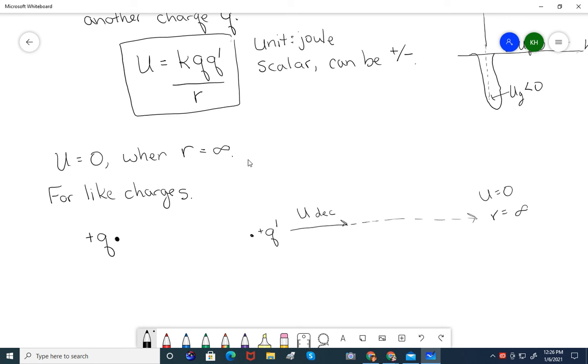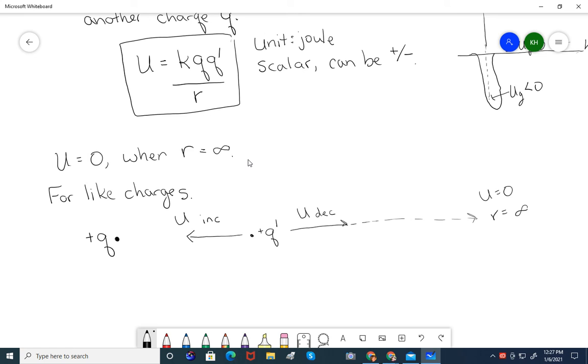Notice, however, if I try to move the particle towards it, as the distance between the two of them becomes smaller and smaller, my potential energy increases. That's a little different than the two masses.